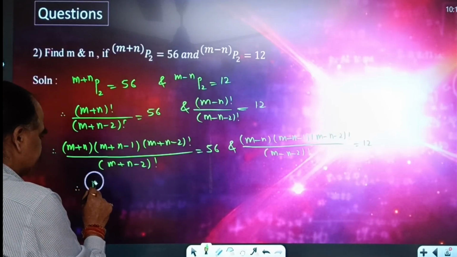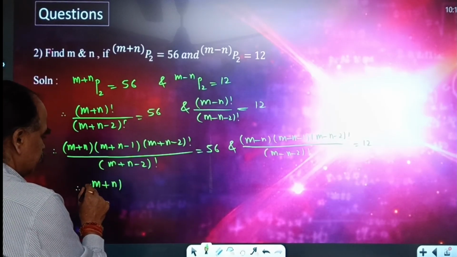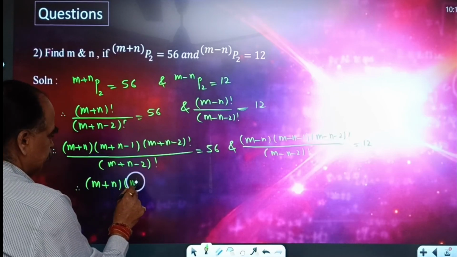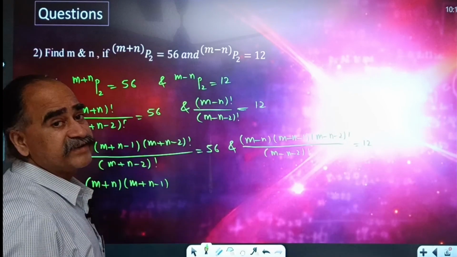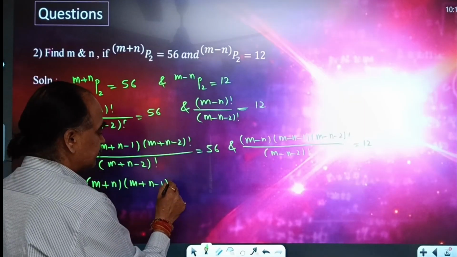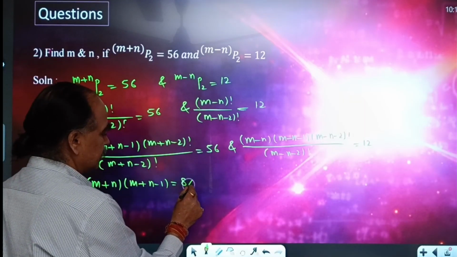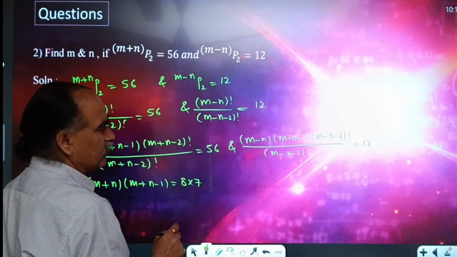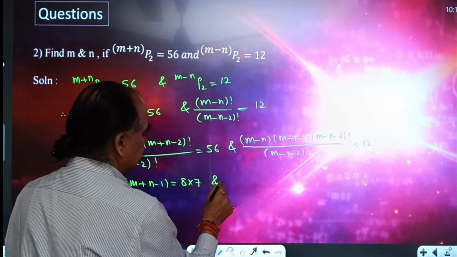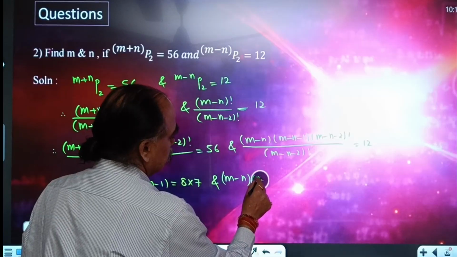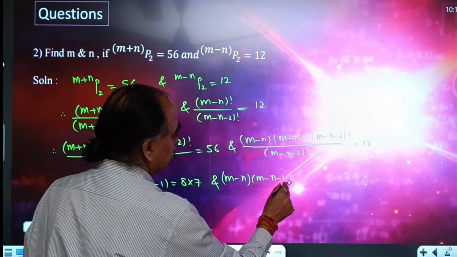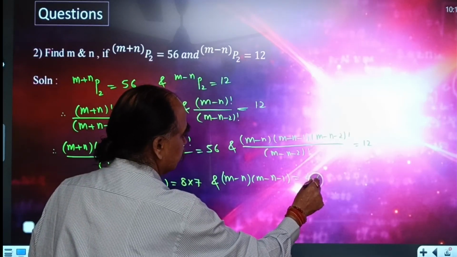So this will be m plus n into m plus n minus 1. So these are two consecutive descending order. 56 can be written as 8 into 7, two consecutive descending order, and m minus n into m minus n minus 1 is equal to 12 can be written as 4 into 3.